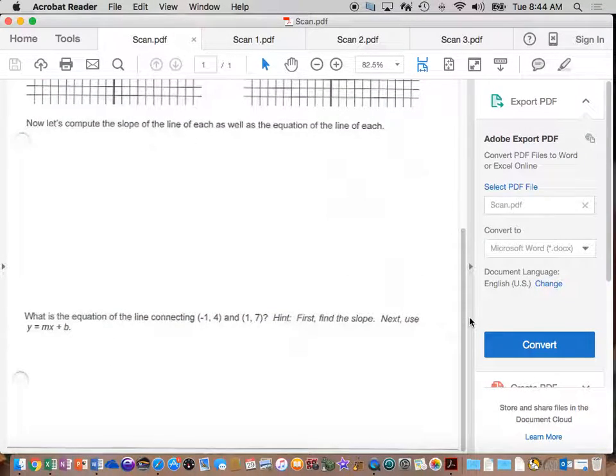Okay, so here we have, what is the equation of a line connecting (-1, 4) and (1, 7)? And this, I am now going to show you what we would call the analytic way to write the equation of a line. And unfortunately, we lost a little bit of time yesterday.